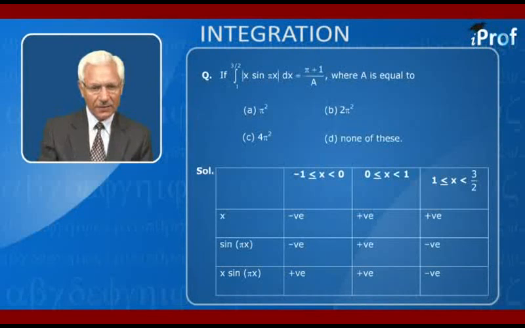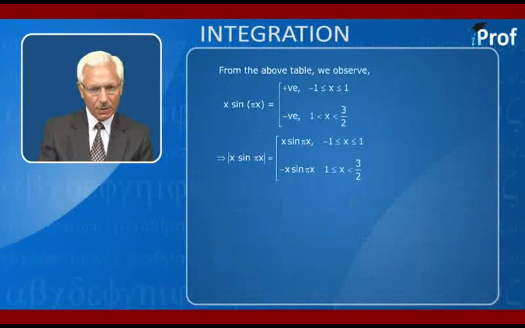But sine of pi x is negative from minus 1 to 0, and again positive from 0 to 1, and negative from 1 to 3 by 2. Therefore, x sine pi x is positive from minus 1 to 0, positive again from 0 to 1, but negative from 1 to 3 by 2.